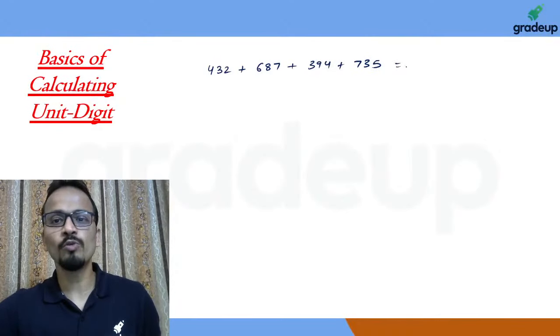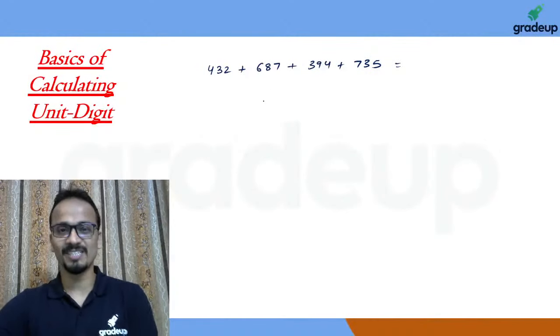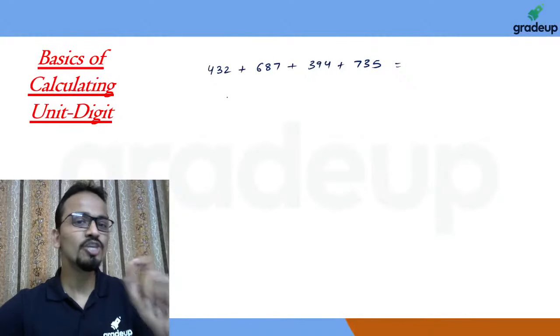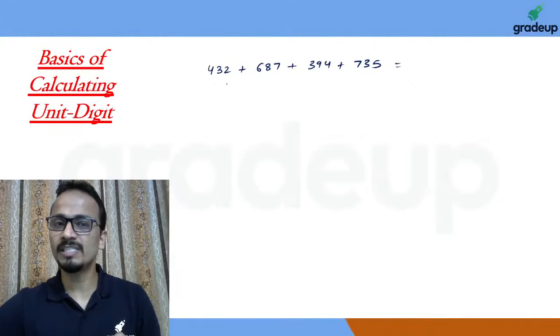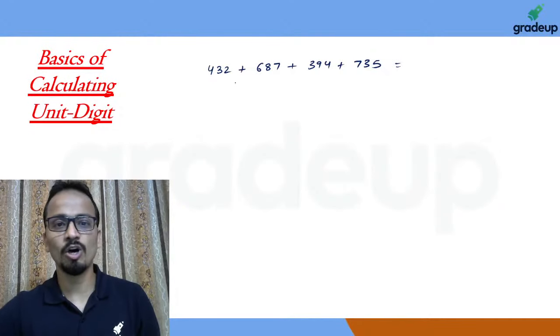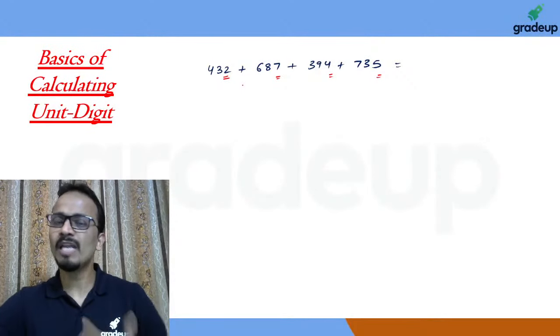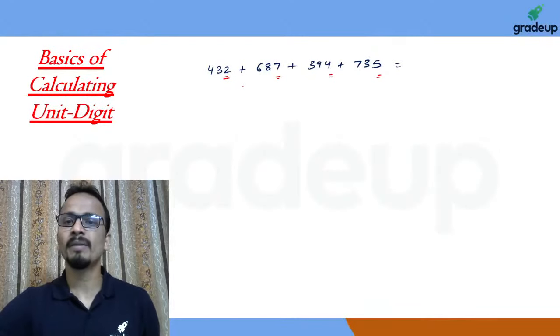If we want to only find the unit digit in this calculation, we just consider the unit digits of these numbers. I will consider the unit digit of all these numbers, 2, 7, 4 and 5, and add all of them and get my answer.